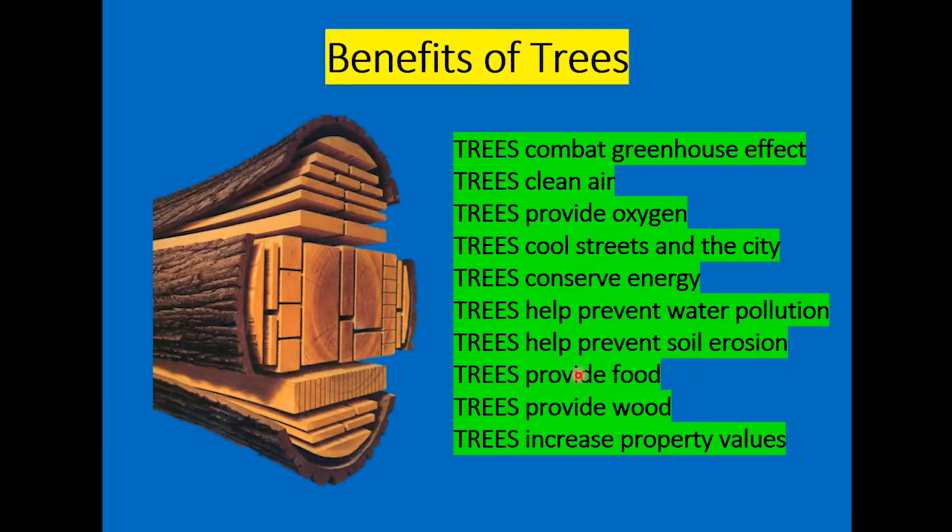They provide food for us, and more usually for wildlife. They provide the wood, not only for heating, but for all our industries. And they increase property values if they're placed in the right way. Sometimes if they're overhanging your house, then it might not be such a great thing to have.